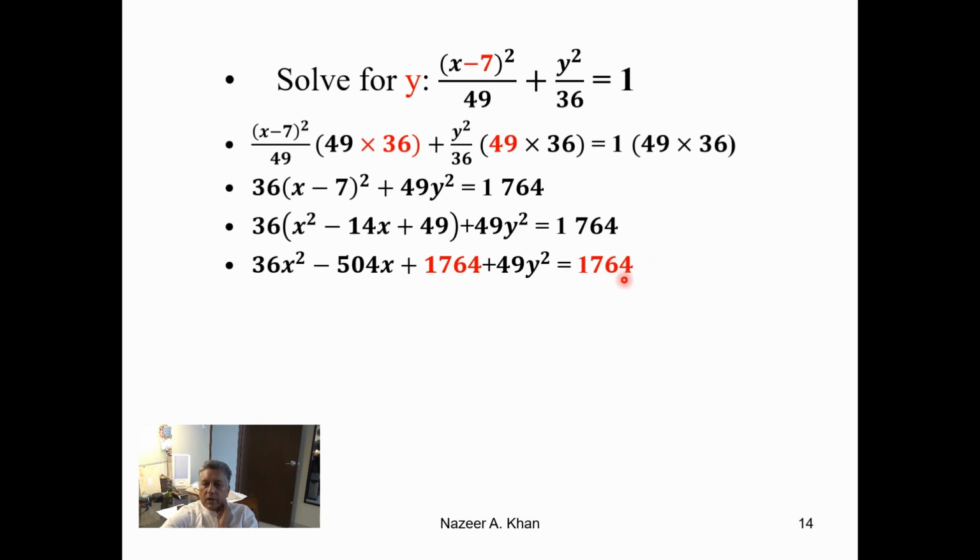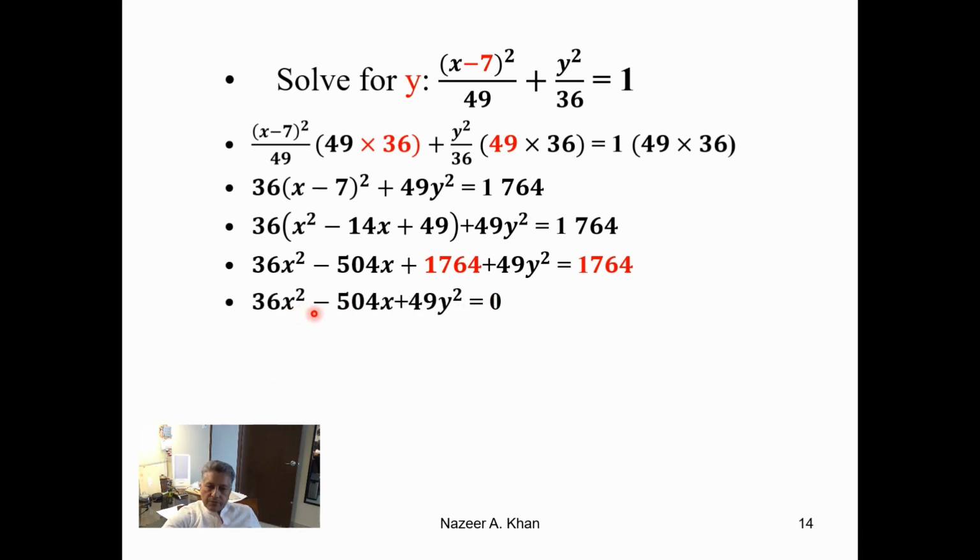I put these in red because I wanted to explain that when you have the same value on either side of the equal sign, and they have the same sign, they're both plus, you could cancel them out, because if I take this over to the other side, it becomes a minus and cancels out anyway to 0. So that is where we should go with that.